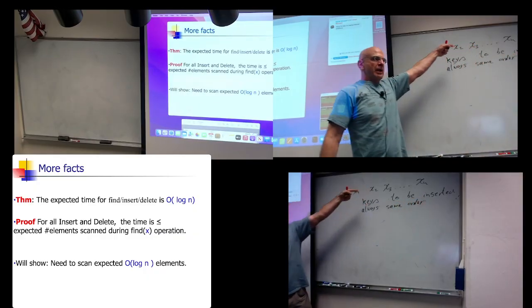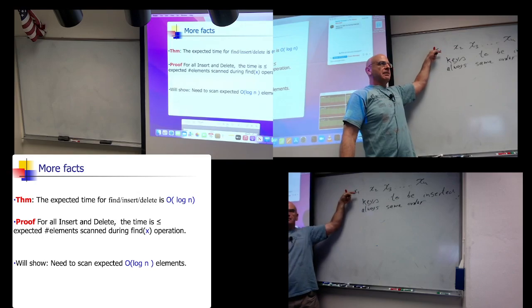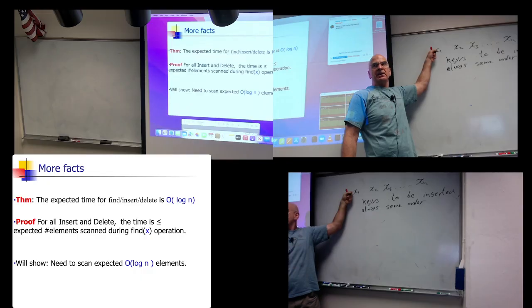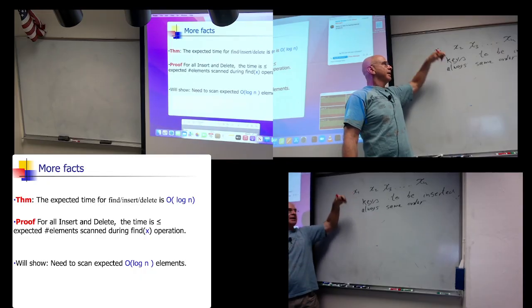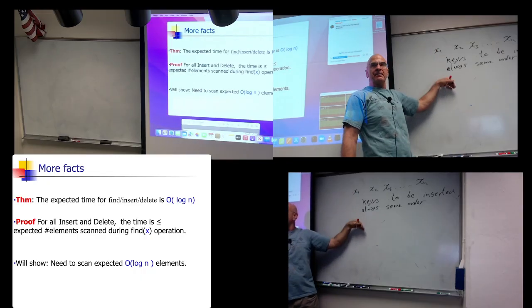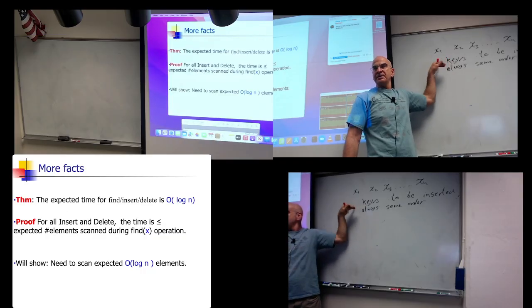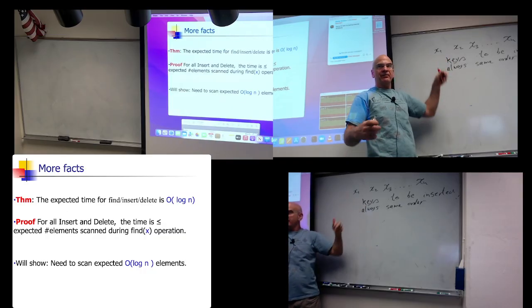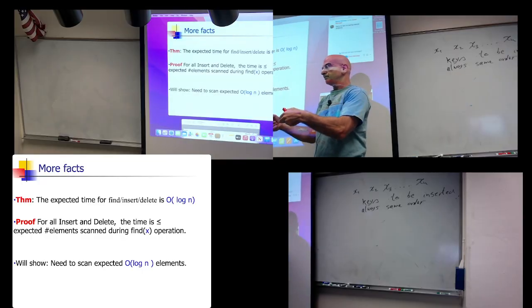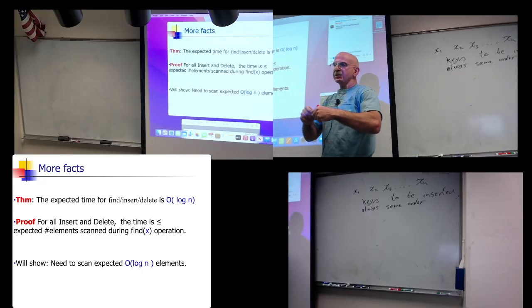And after I created the skip list, I perform find or delete or insert for some element. And then I kill the skip list and do the same thing again with the same keys in the same order. What might be different? The coins that I tossed. And these coins affect, of course, the running time.